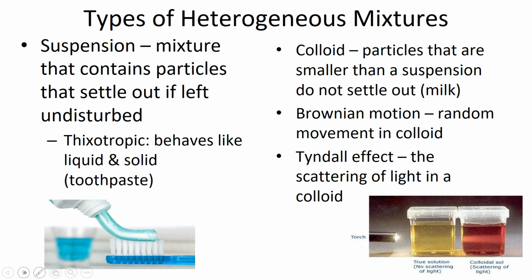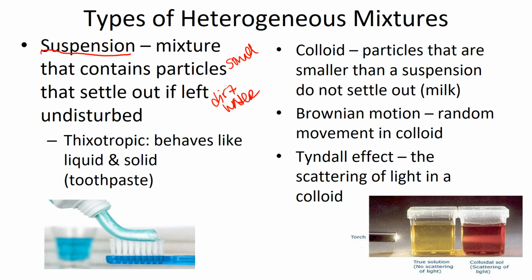Now, there are two specific types of heterogeneous mixtures. We have a suspension, which is a mixture that contains small particles that settle out if left undisturbed, kind of like dirt water. So if you have just a cup of dirty water, eventually all the dirt would settle to the bottom.